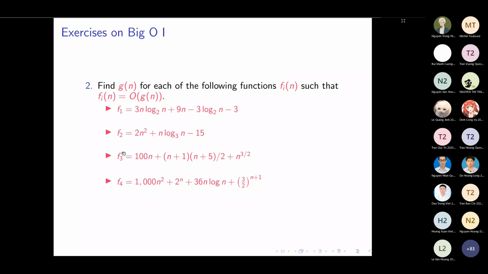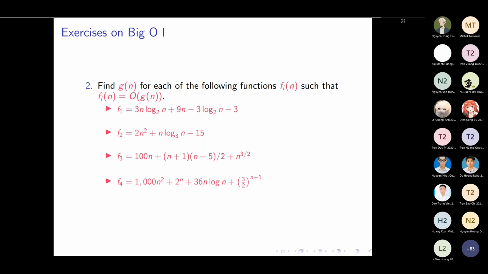In the meantime, does anyone have the answer for F3 and F4? You can raise your hand or turn on your mic again. Okay, yeah, Trần Khánh Lương. I have done exercise 3.